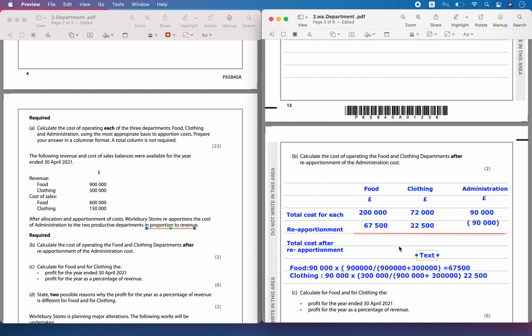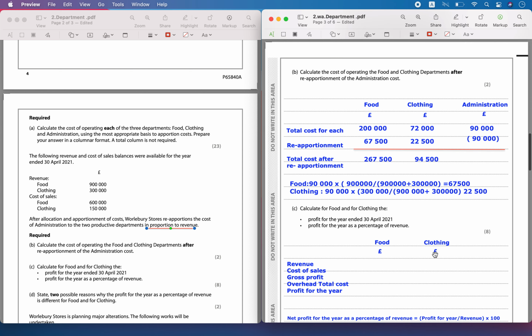The total cost will be 267,500 for food, and for clothing 72,000 plus 22,500, which is 94,500.